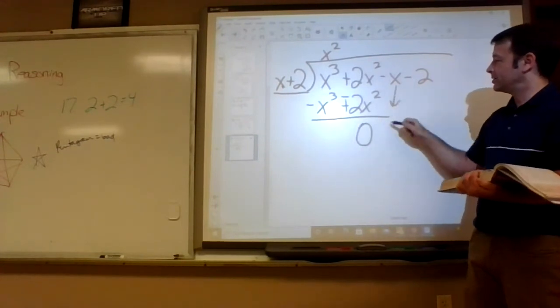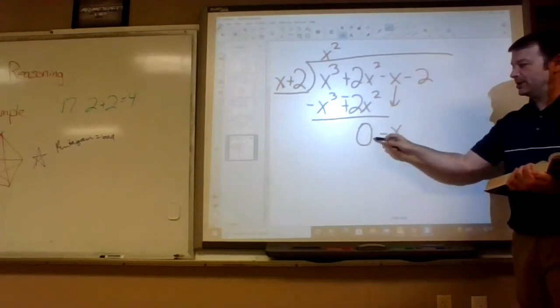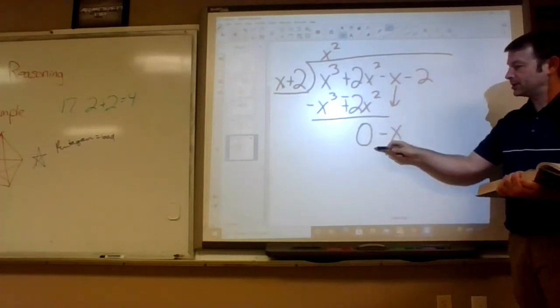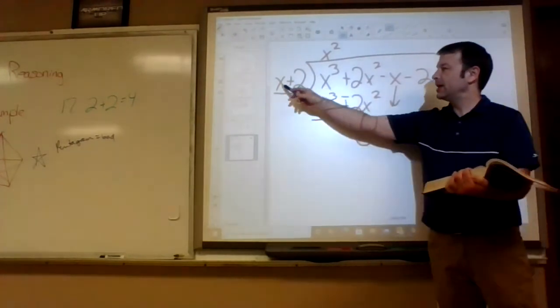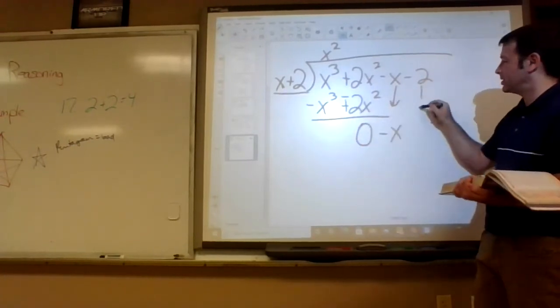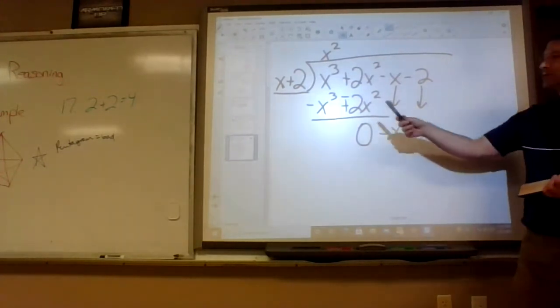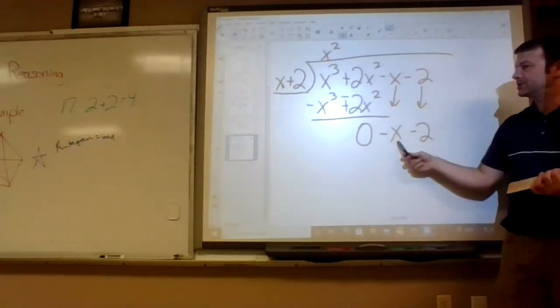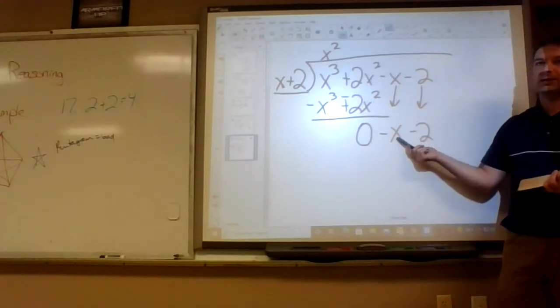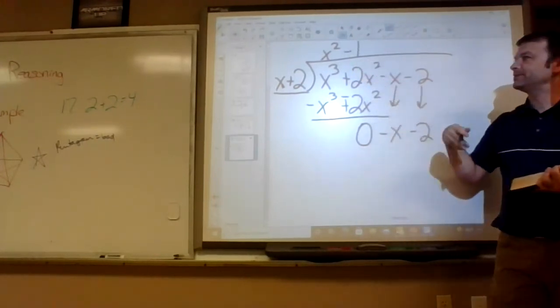Bring down the next term. Usually there's a number right here, like 3x squared or something. And then start over. Since I have a 0 right there, I need to bring down both of these. And then you do plus 0, right? X times what equals negative x? Negative 1. So we kind of skipped the x term.